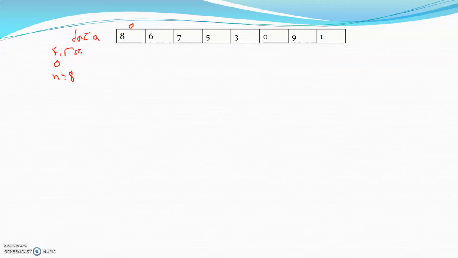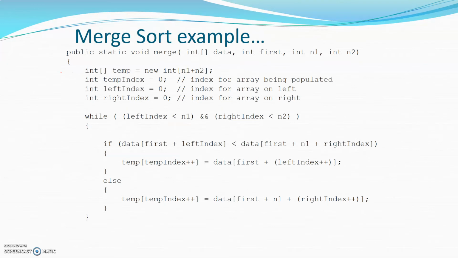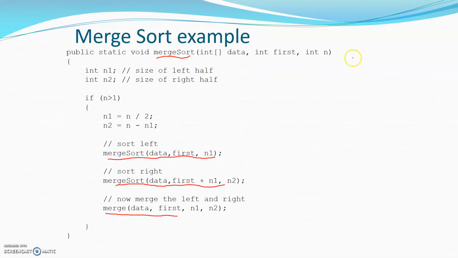And so on that initial call to the merge sort, first would be 0, n would be 8, and this would be the data array.